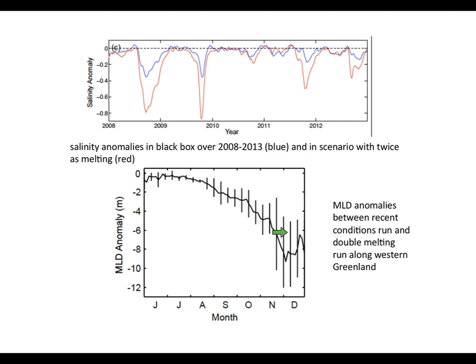And what is shown in the bottom figure is the mixed layer depth anomaly that you will have when you double the melting in the convective regions. So you end up with possibly as much as 10 meters anomaly in mixed layer depth in the late fall, early winter, whenever you double the melting, which is what is expected by the end of this century.